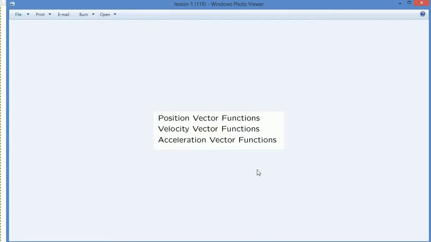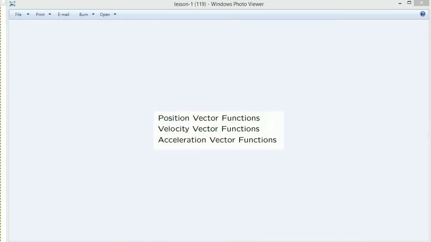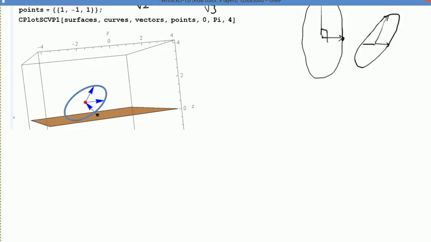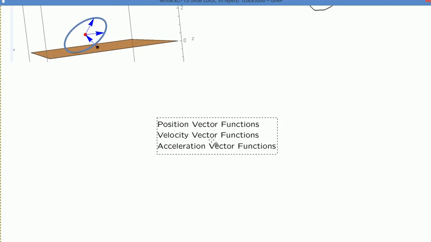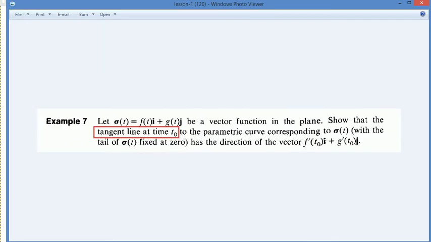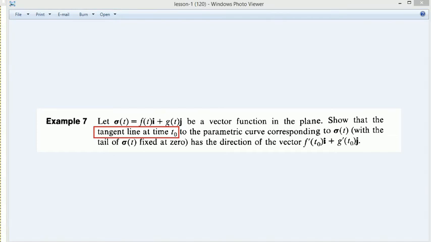So that was the position vector, and the next thing we enter is the velocity vector, and after that the acceleration vector. The velocity vector is understood like this. I think it's easy to understand.